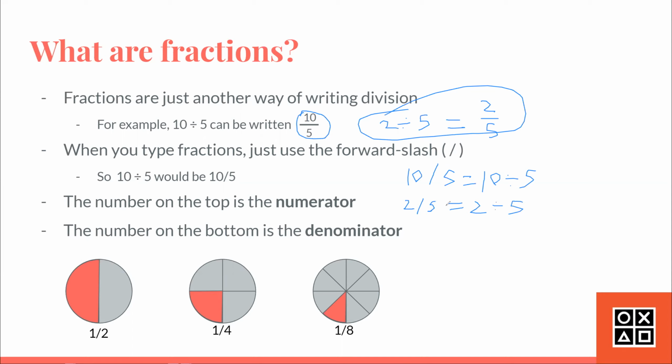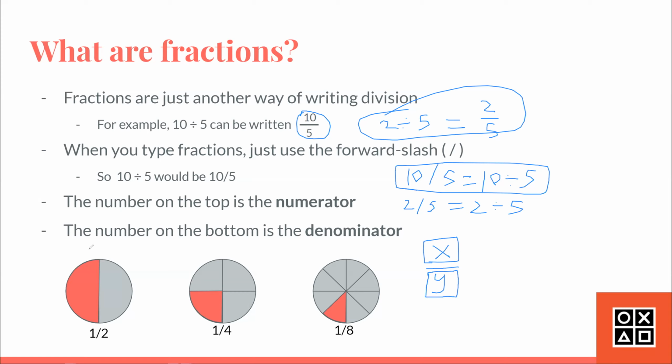Both of them represent 2 divided by 5, and for the first one, both represent 10 divided by 5. All right, so the number on the top, let's say it's x divided by y, the number on the top, x, would be the numerator, and the number on the bottom is known as the denominator.